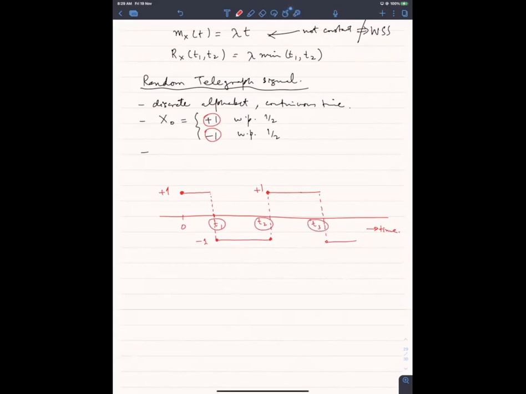ये टाइम कहां से आएंगे? ये T1, T2 ... are waiting times to flip, and these are the waiting times derived from a Poisson process.